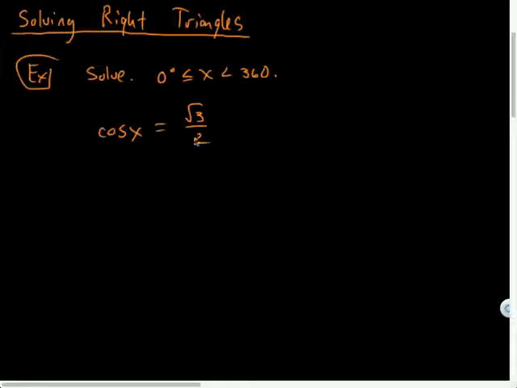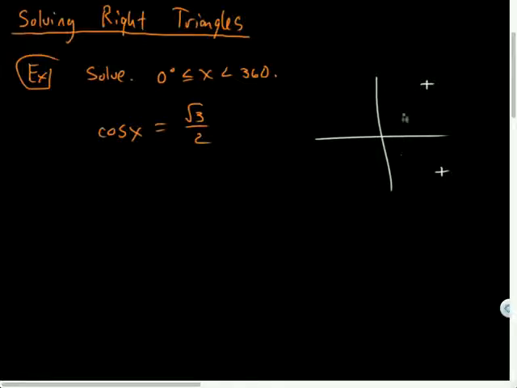So cosine of what angle gives us this ratio? Aha, that was the first thing I was going to say. The first thing I realized is that this is positive. So for what quadrants is cosine positive? 1 and 3? 1 and 4, right?